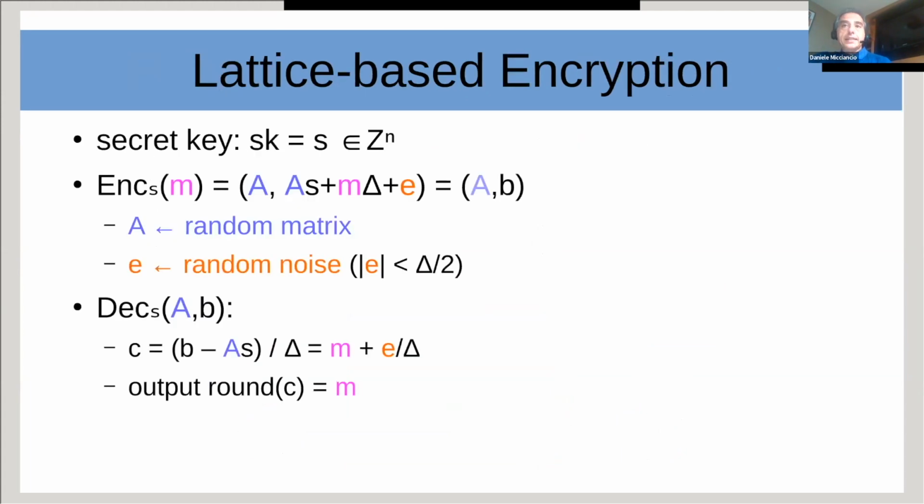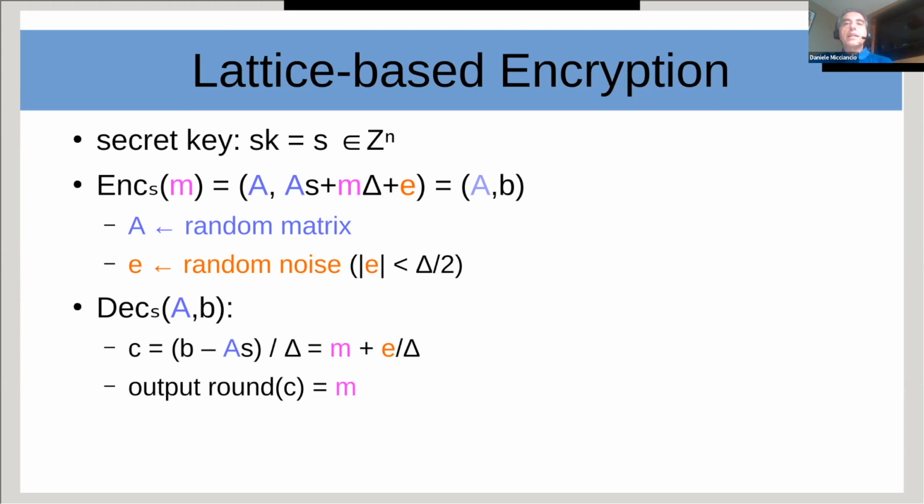Okay, so lattices. I'll be very brief here, assuming some familiarity with lattice cryptography, as you have already seen many talks involving lattices today. In a lattice encryption scheme, typically the secret key is a vector S with integer and often small coordinates, and a message M is encrypted as follows.